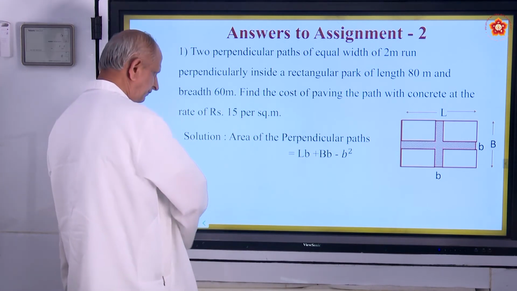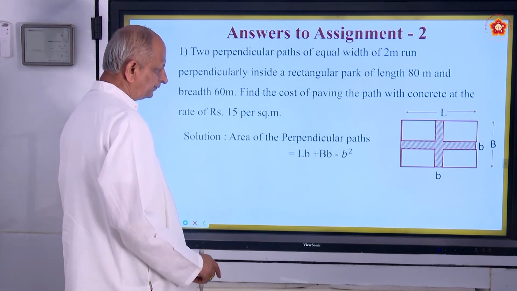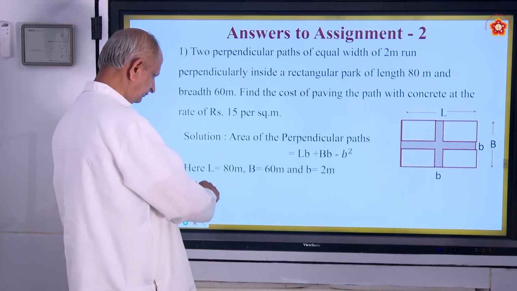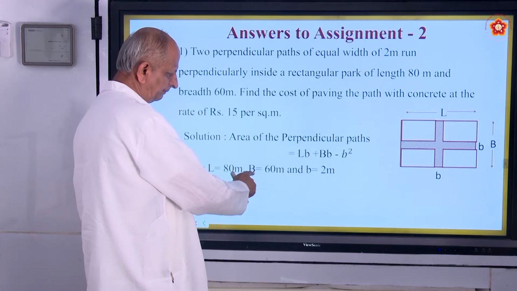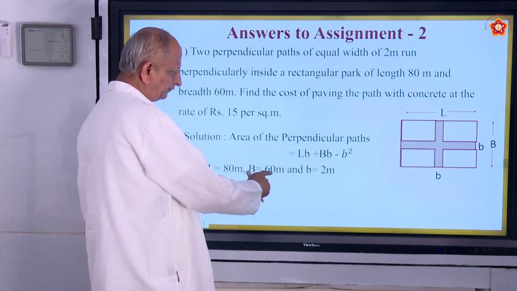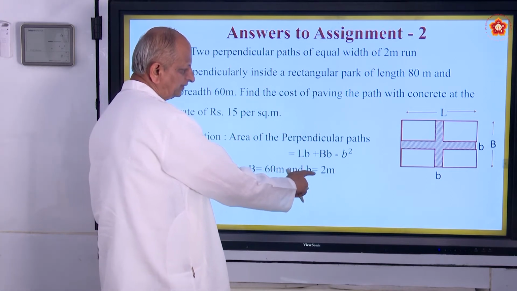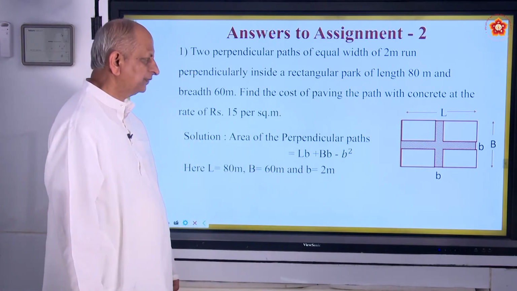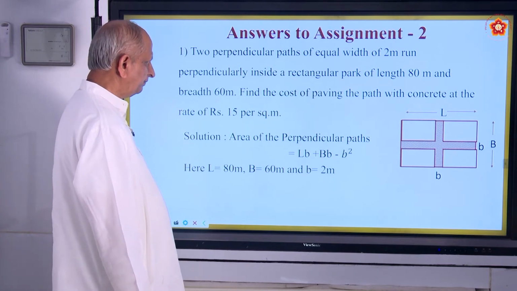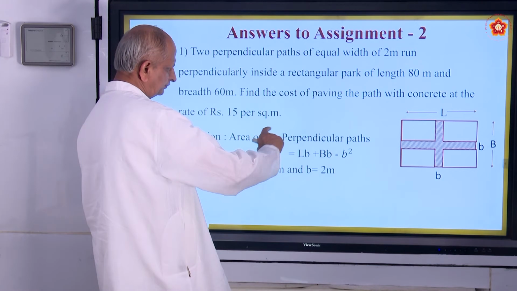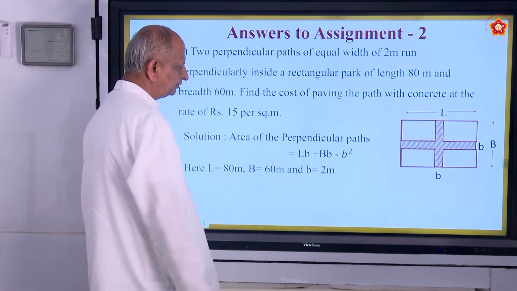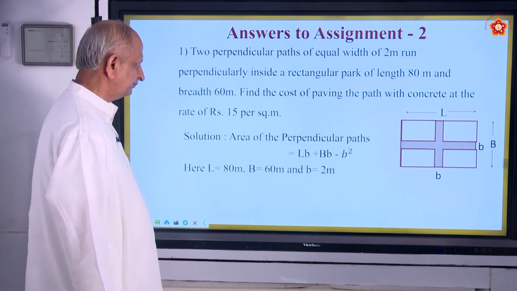Now, you have to apply the measurements. As I just now told you, length is 80 meters, breadth of the park is 60 meters and breadth of the pavement, paving the path, will be 2 meters.